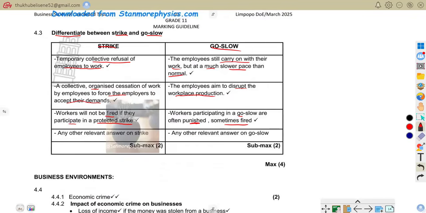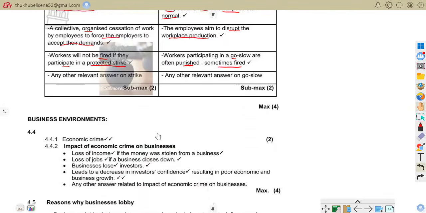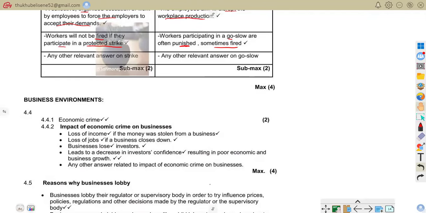So this is 4.4.1. That is economic crime. Economic crime, we know, refers to illegal activities committed to gain financial benefits.